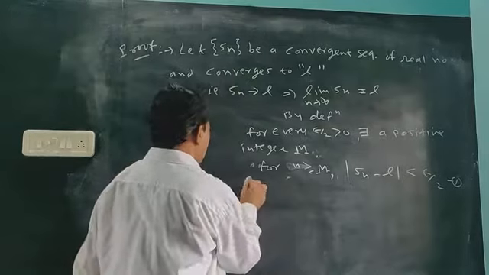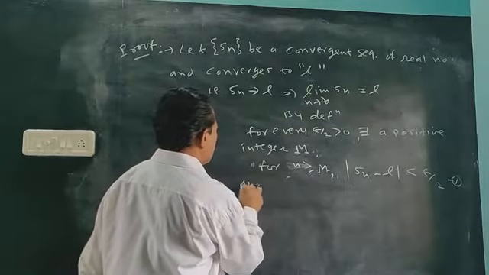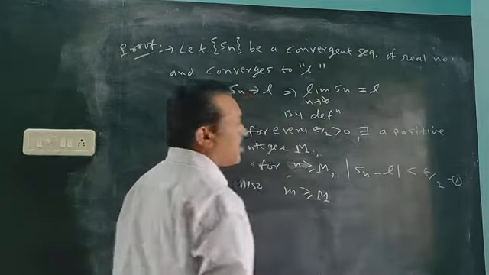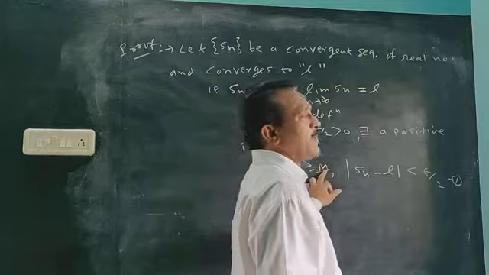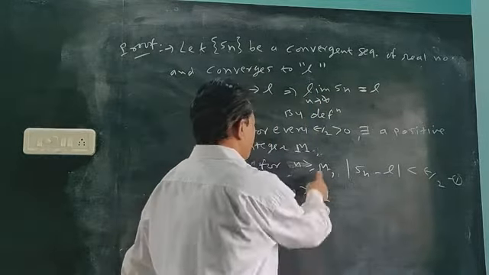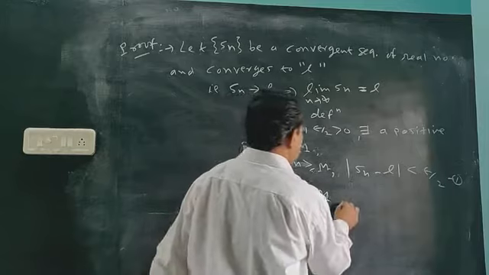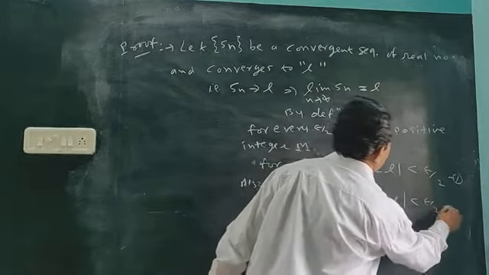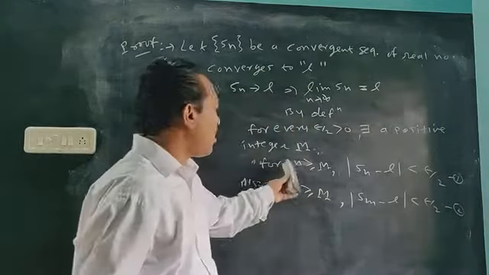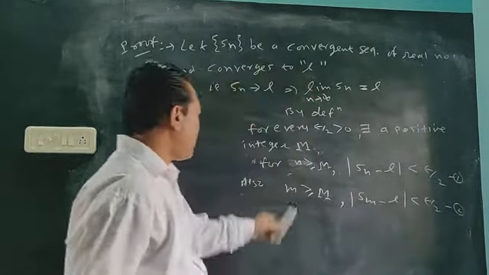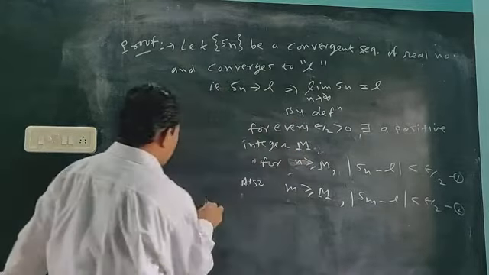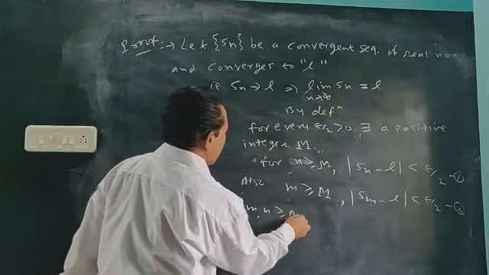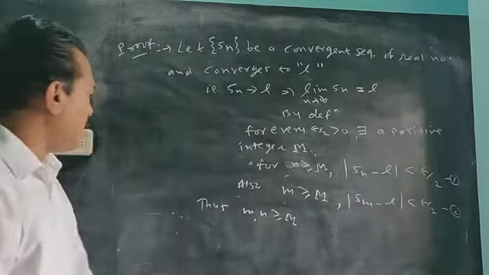Similarly, for m greater than N, this condition is also true for every number after capital N. So Sm minus L is also less than epsilon by 2, true for all m after N. Thus, both m and n are greater than N.